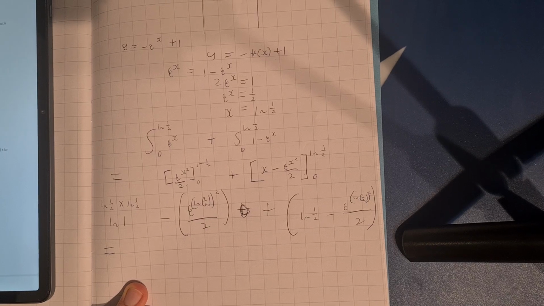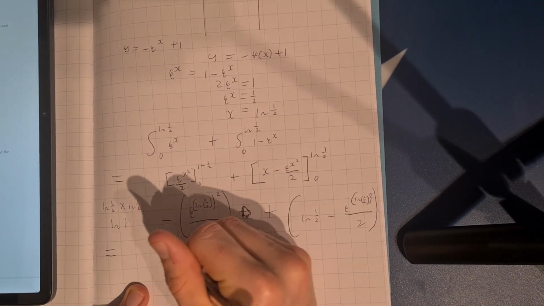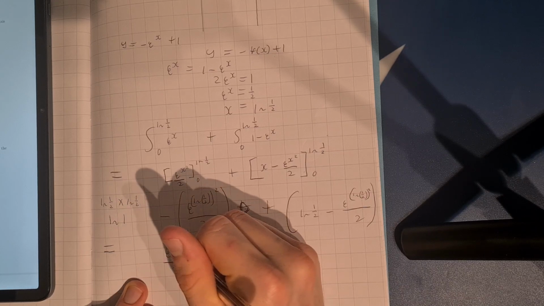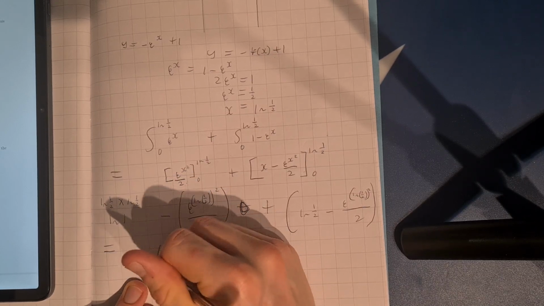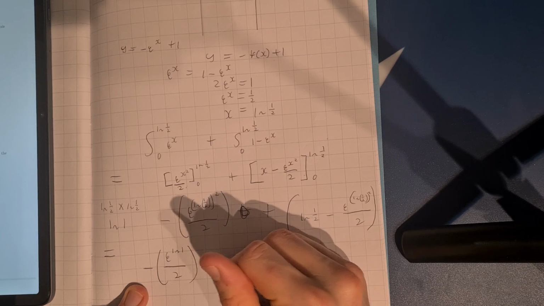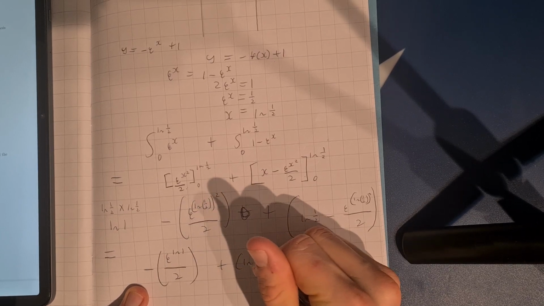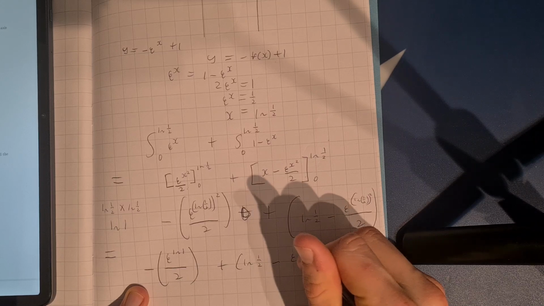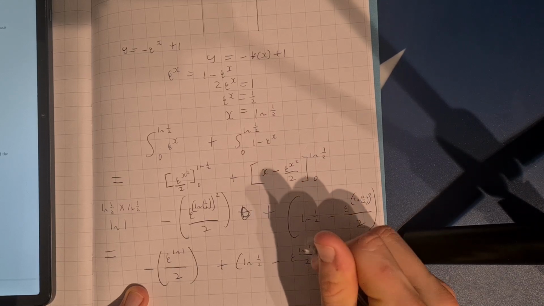Alright, so now let's see, you have e to the ln of 1 over 2, minus that, plus ln a half, minus e to the ln 1 over 2.